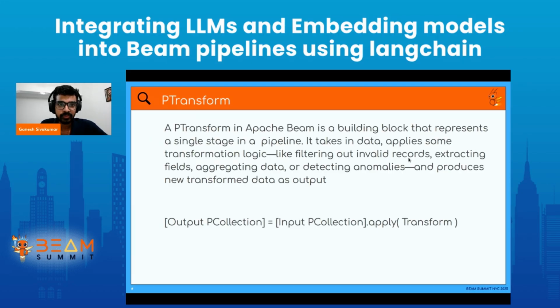To start with, a PTransform is basically a stage in the pipeline. It takes in the data, applies the transformation logic on it, and then outputs the transformed data. There are multiple kinds of transforms, and you could create your own custom transforms.